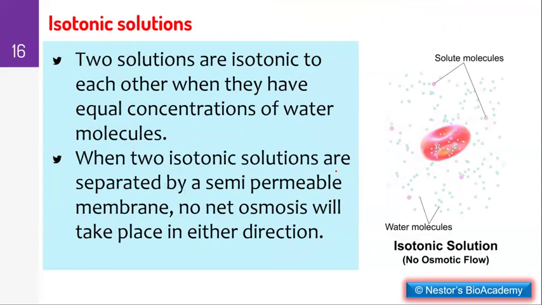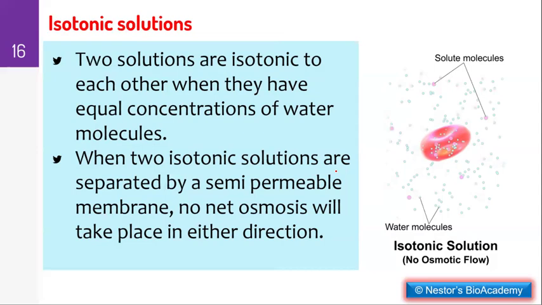But when you have two solutions of equal solute concentrations on either side of the semi-permeable membrane, those two solutions are said to be isotonic to each other. So when they are isotonic to each other, there will be no net osmosis because the amount of water molecules moving from one to the other will be the same as the one moving in the reverse direction.